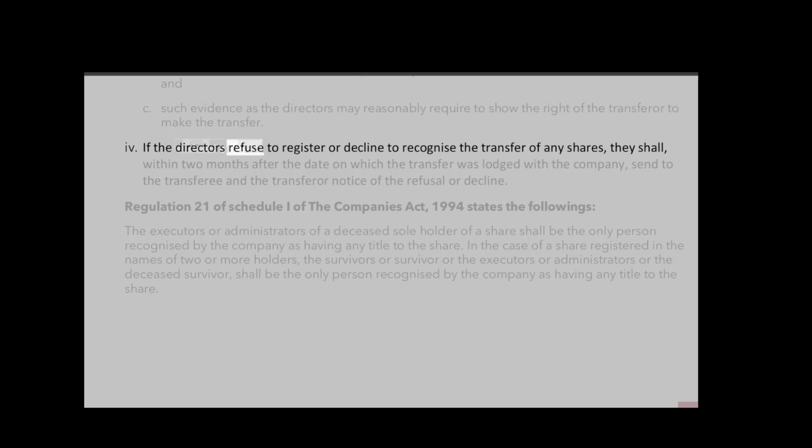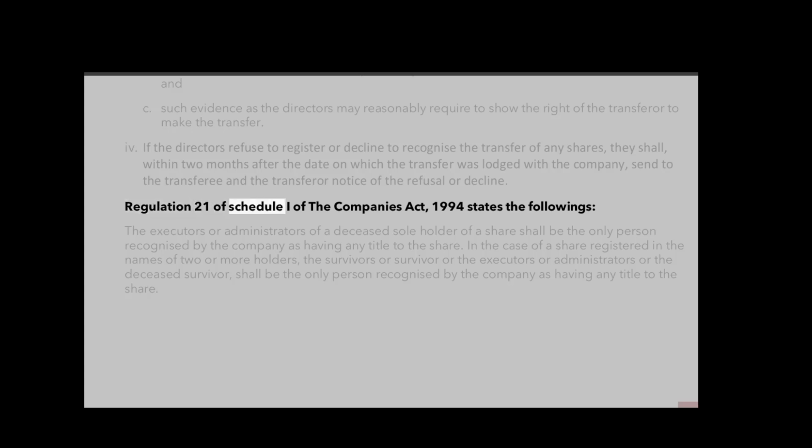If the directors refuse to register or decline to recognize the transfer of any shares, they shall, within 2 months after the date on which the transfer was lodged with the company, send to the transferee and the transferor notice of the refusal or decline.